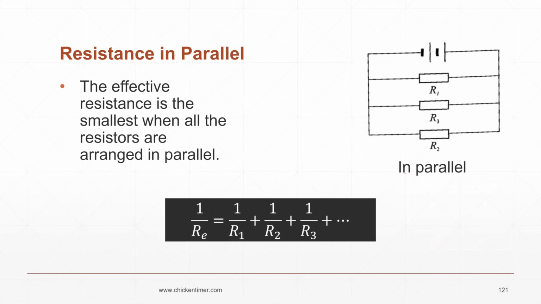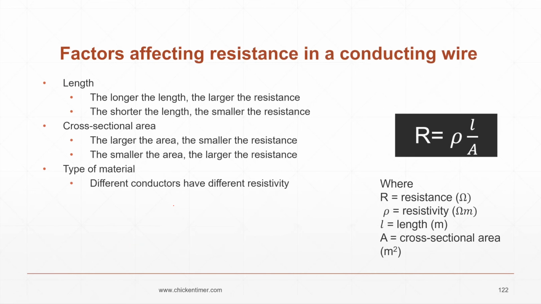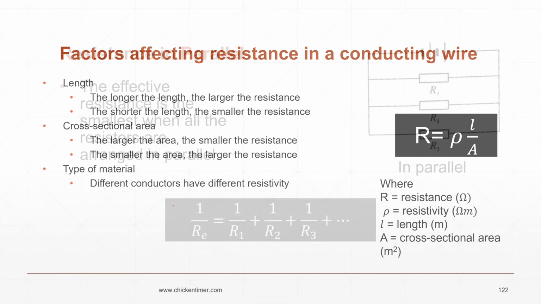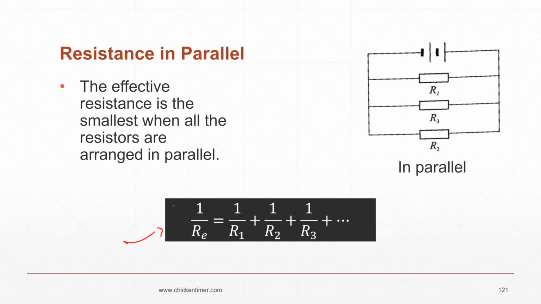Then if it's resistance in parallel, it is 1 over R1 plus 1 over R2 plus 1 over R3. They will ask this in the calculation questions. To find the effective resistance, you must flip the fraction. So you add up first, then you flip the fraction, and you get the effective resistance.